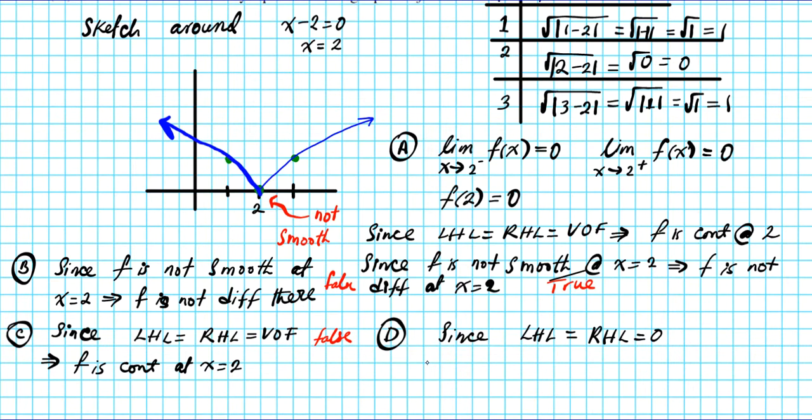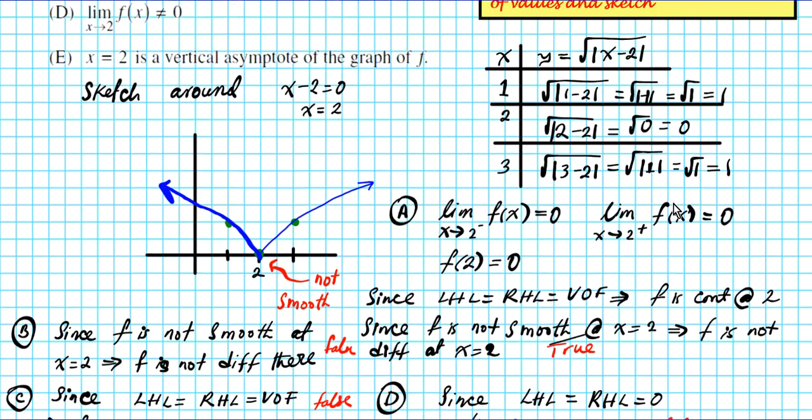What does that mean? This automatically means that the double-sided limit, written as the limit as x approaches 2 of f of x, is in fact equal to 0. So that indicates that the original statement that the limit of the function as x approaches 2 is not 0 is false.